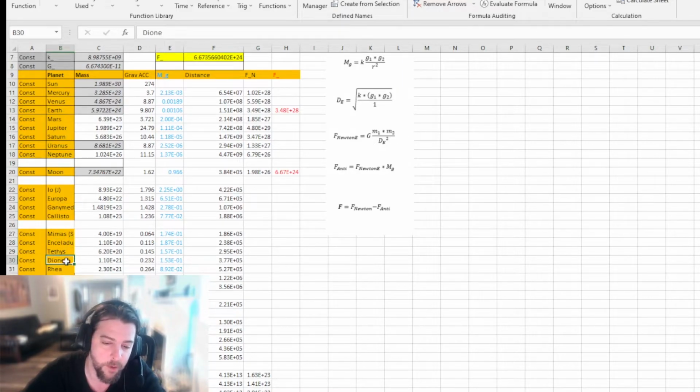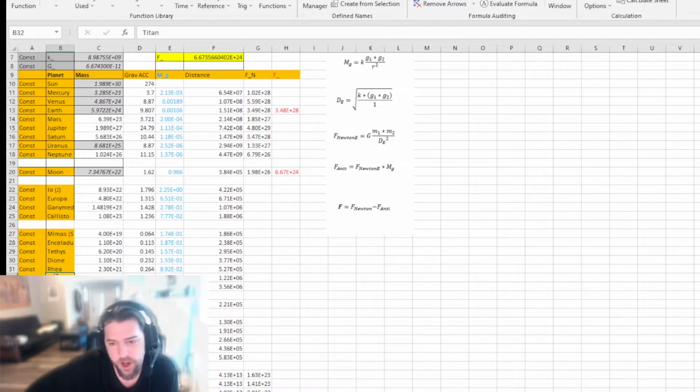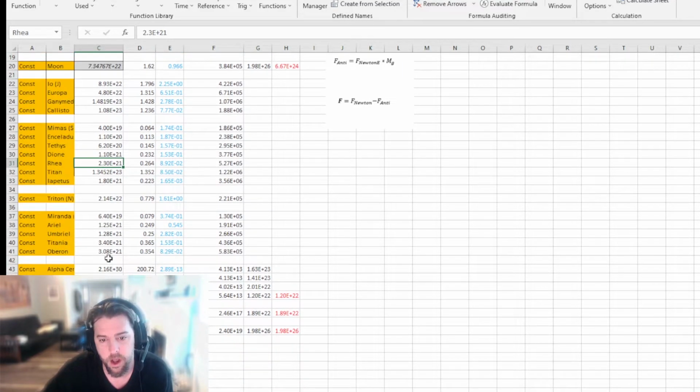There's only a couple of moons that are in complete equilibrium, like our moon is. But our moon is the solo moon, where they, as you can see, have multiple moons going on.